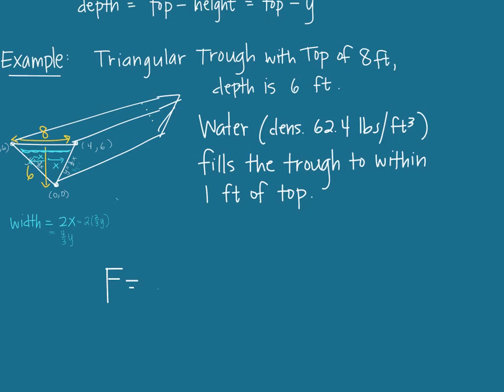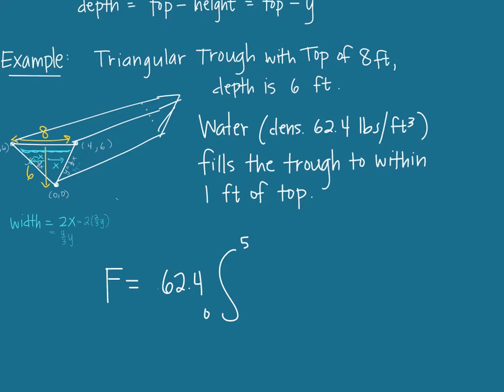F equals, the density 62.4 goes out in front. What are my bounds? 0 to 5, because it's only filled to within 1 foot of the top. That's just an English expression that it's 1 foot, 1 less, as opposed to exceeding it.